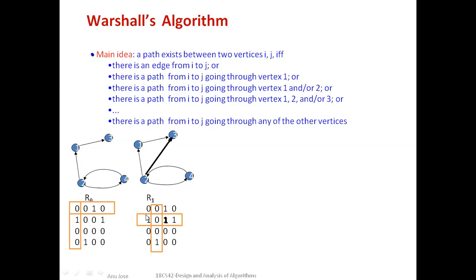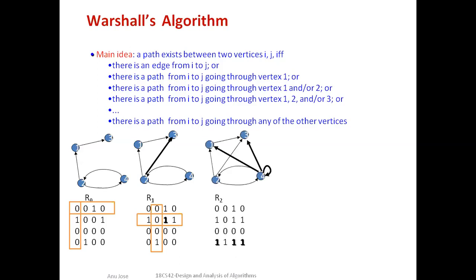This will be 1 and 1, so this will be updated to 1. And this will again be 1 and 1, so this will be updated to 1. And this 0 will again be, its row number is 1 and column number is 1, 1 and 1, logical AND operation, result will be 1. So the last row will completely change to 1 and the remaining elements will be kept as they are.